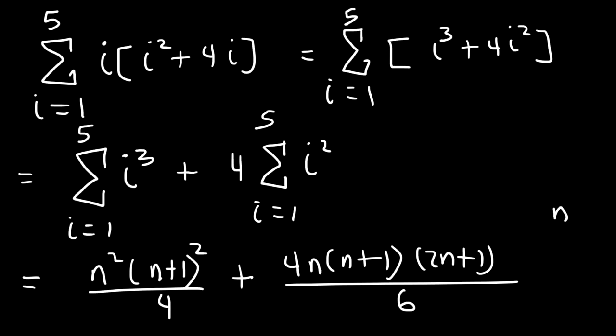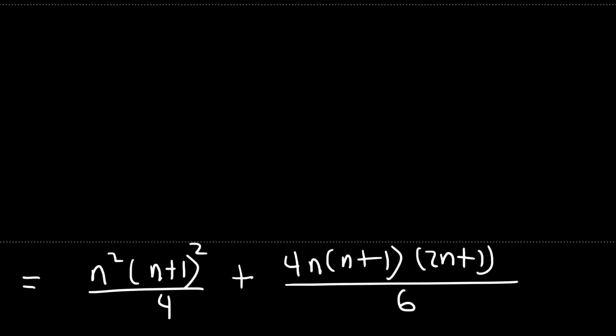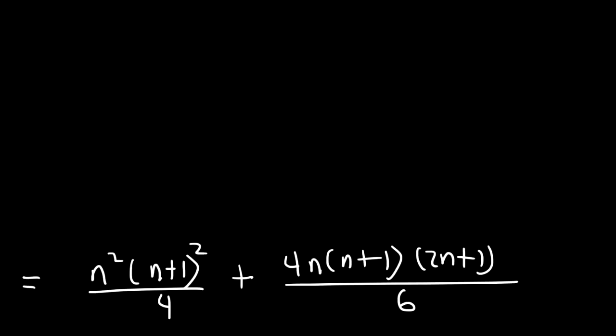And keep in mind, n is 5, based on what we see here. So let's plug in 5. This is going to be 5 squared, and then 5 plus 1 is 6.